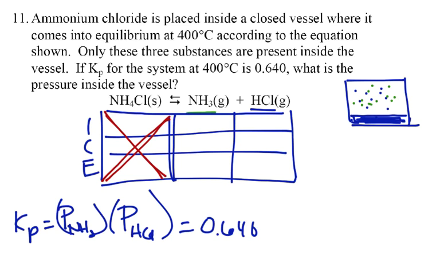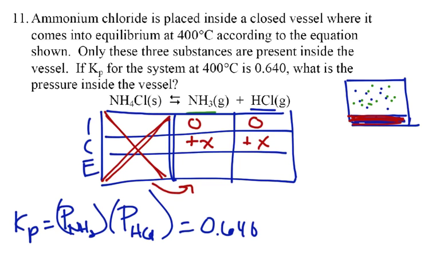We don't need it for our calculations. We're not putting any of our gases in. We started with just the solid down here in the bottom, so these are 0 and 0. What we're trying to do is get pressures, so I would assume these are going to be atmospheres. This must be forming some of this, and some of that, because the reaction has to shift to the right.